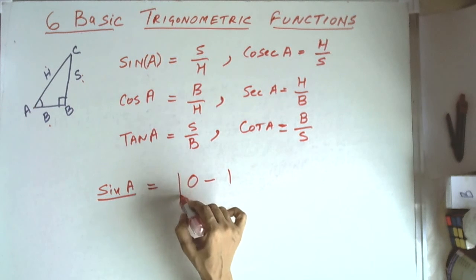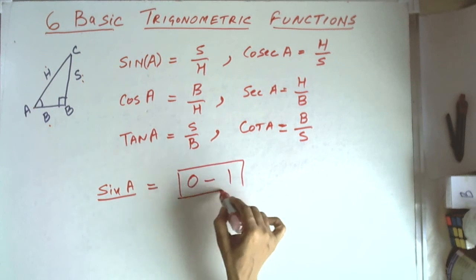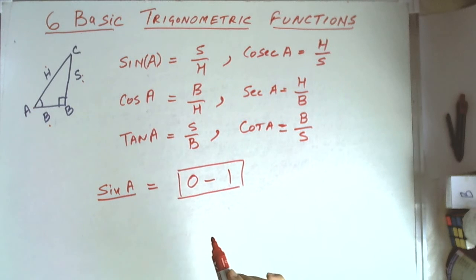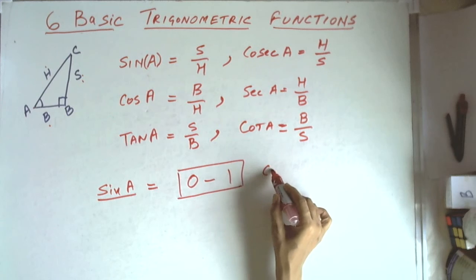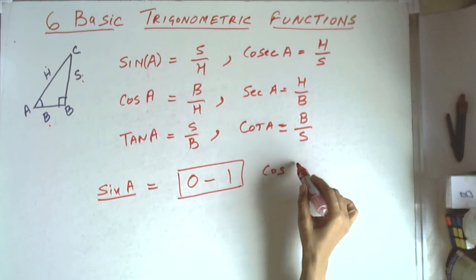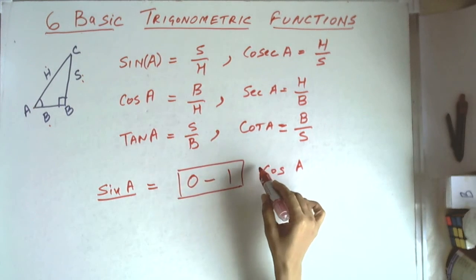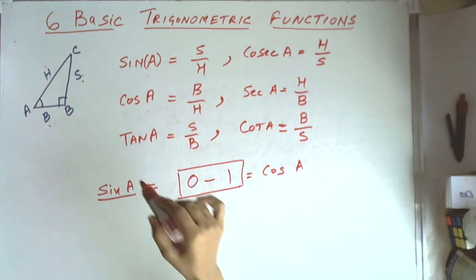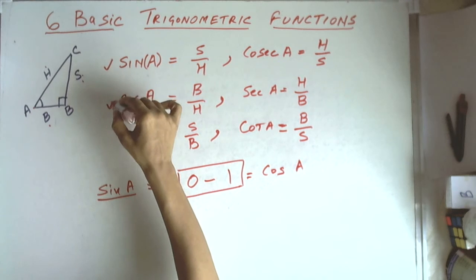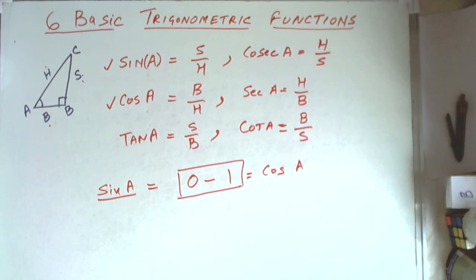It can never be more than 1. Similarly, the same thing applies to cos. So for sine and cos, the value will always be between 0 and 1.